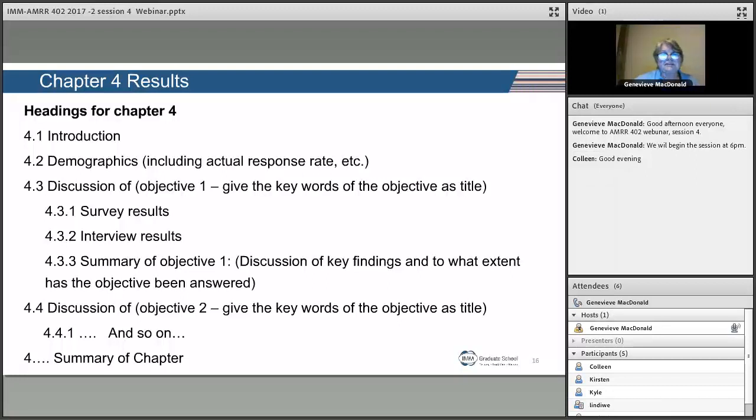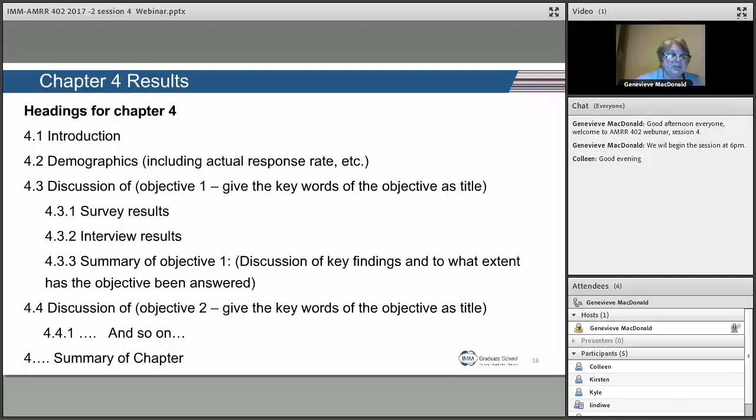And here you see the reason why it's good to have your survey questions sorted by objective, so that when you analyze it now, it is easier to talk about the specific results for objective 1, for objective 2, and so on. It just makes it much easier to have it structured that way. And so you go on depending on how many objectives you have for your particular research.